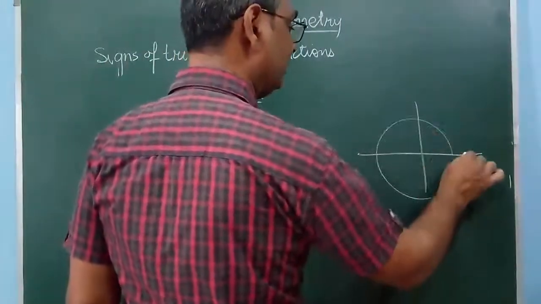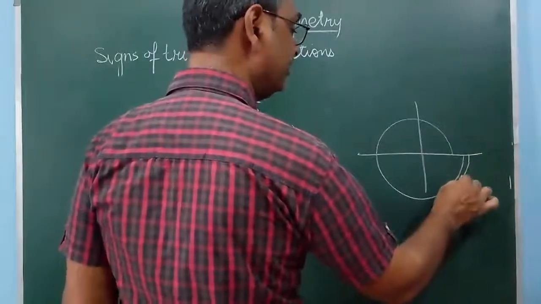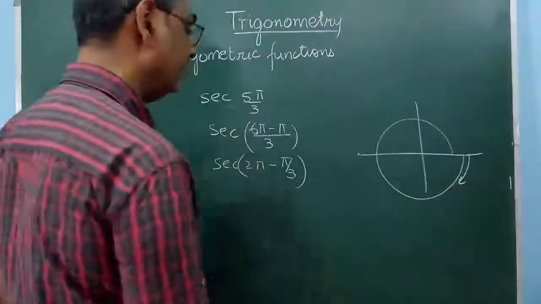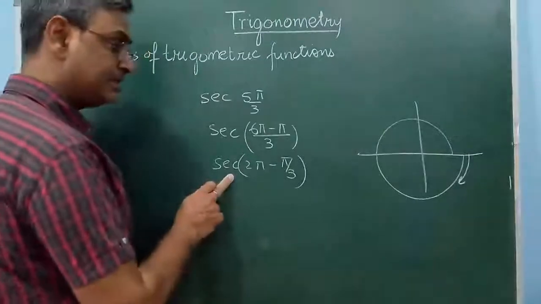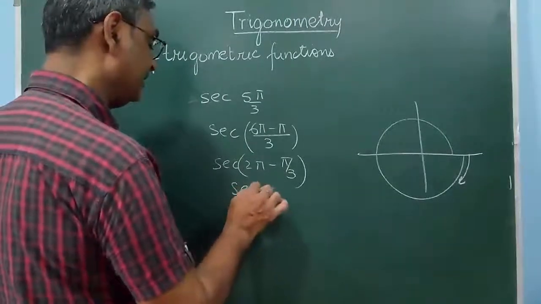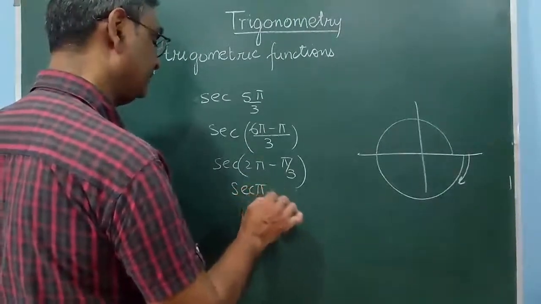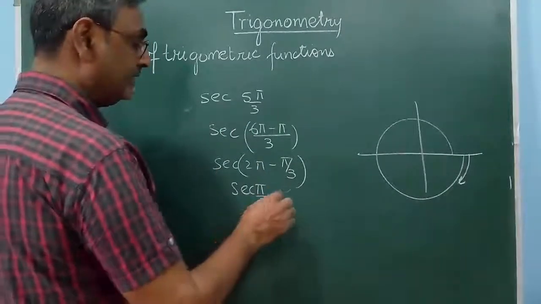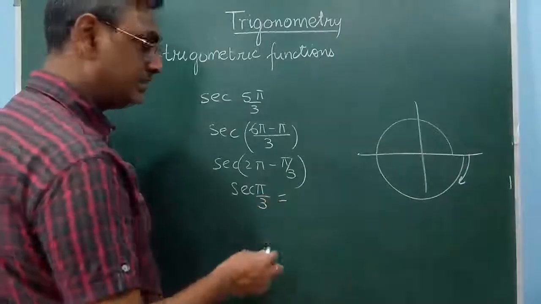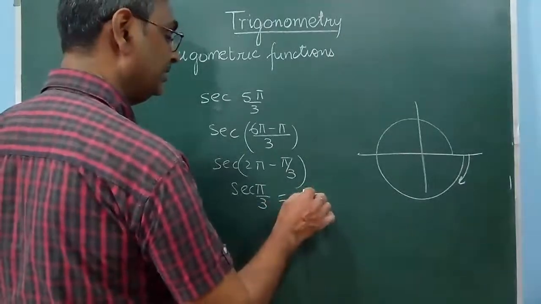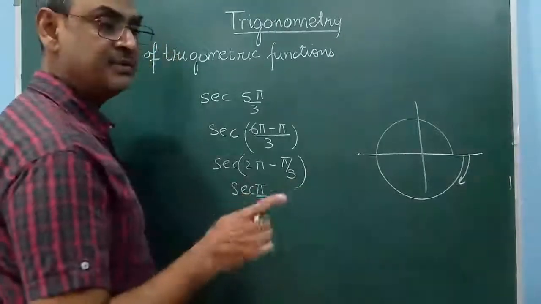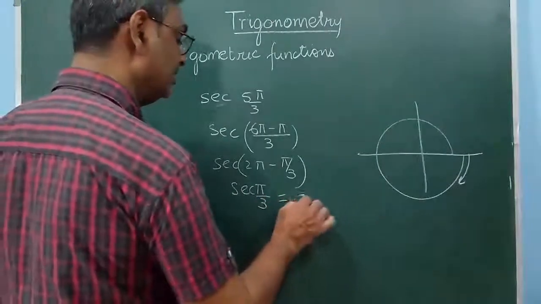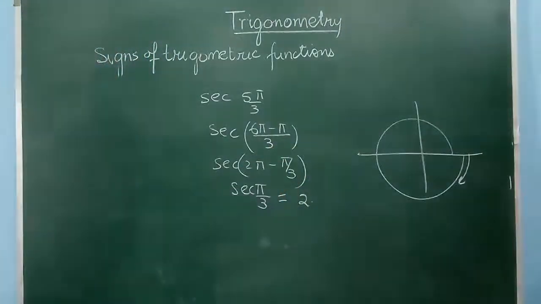This is 2 pi, minus means it will be in which quadrant? Fourth quadrant. Fourth quadrant is positive for sec, so this is sec pi by 3. Sec pi by 3 is sec 60, and cos 60 is 1 by 2, so sec 60 is 2. So the value of this one will be 2.